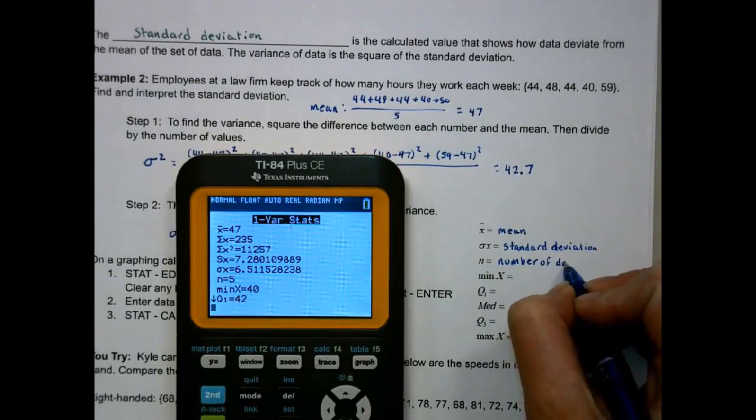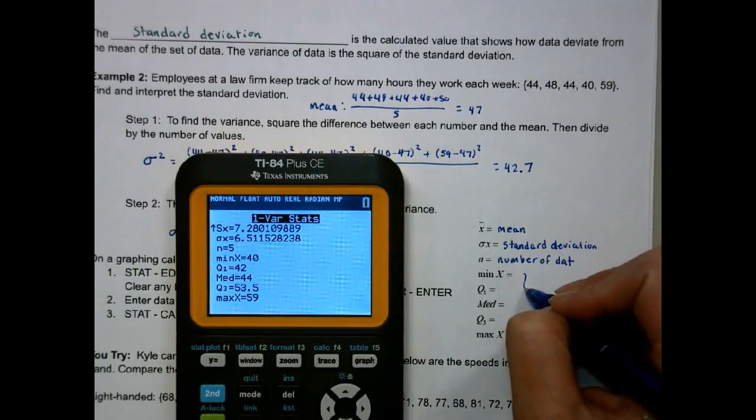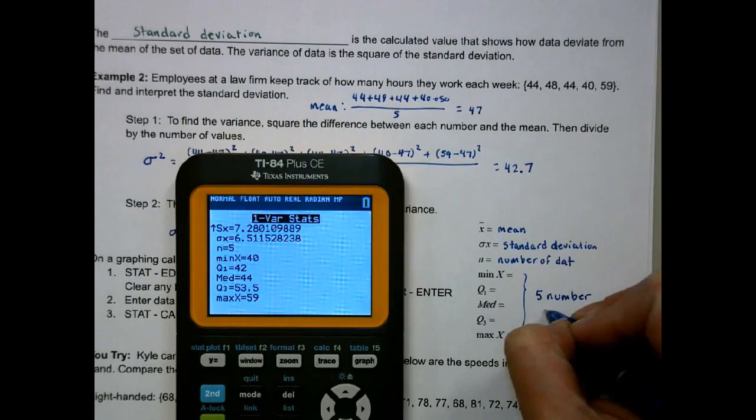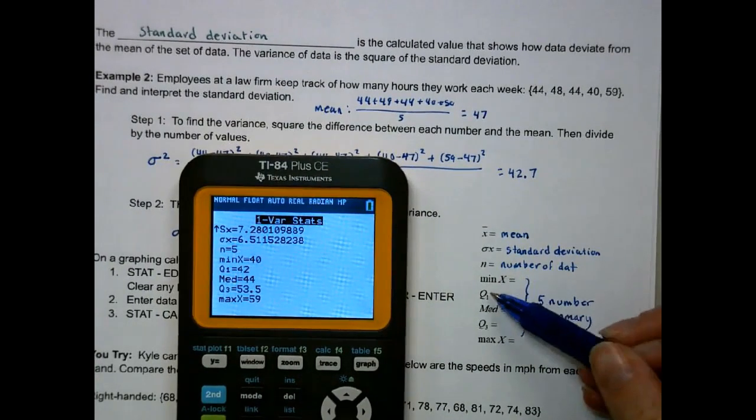And then if you scroll down, you're going to see our five-number summary. So these are our min, Q1, median, Q3, and the max.